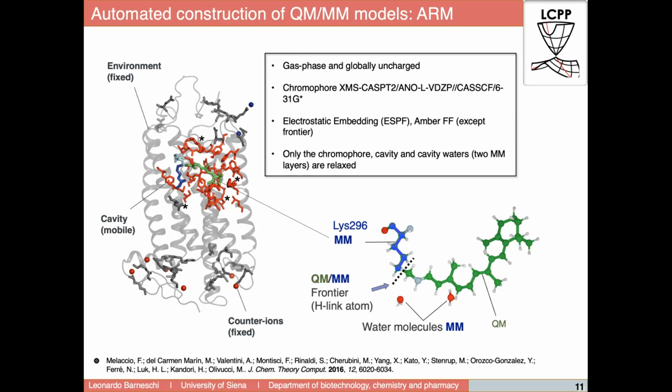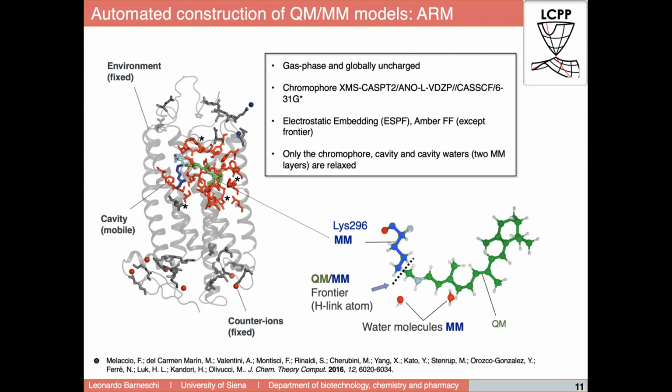Basically, we have a very conservative, standardized and automatic approach to define our QM/MM model. What we treat at the QM level is just the retinal chromophore, and the rest of the protein is mostly constrained, with the atoms frozen, so that we don't get far from the X-ray structure.